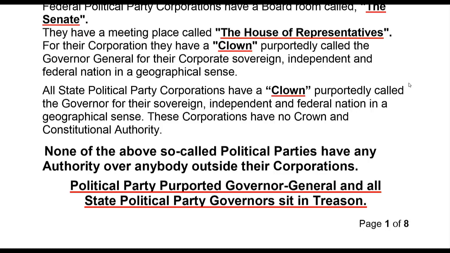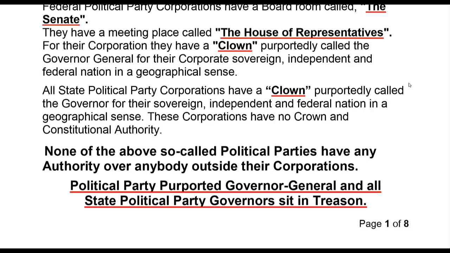This geographical sense is when they changed the constitutional definitions in 1973. They created Australia, or Commonwealth means Commonwealth of Australia in a geographical sense. All they've done is write on a piece of paper, and that's all we're fighting, is the pen.